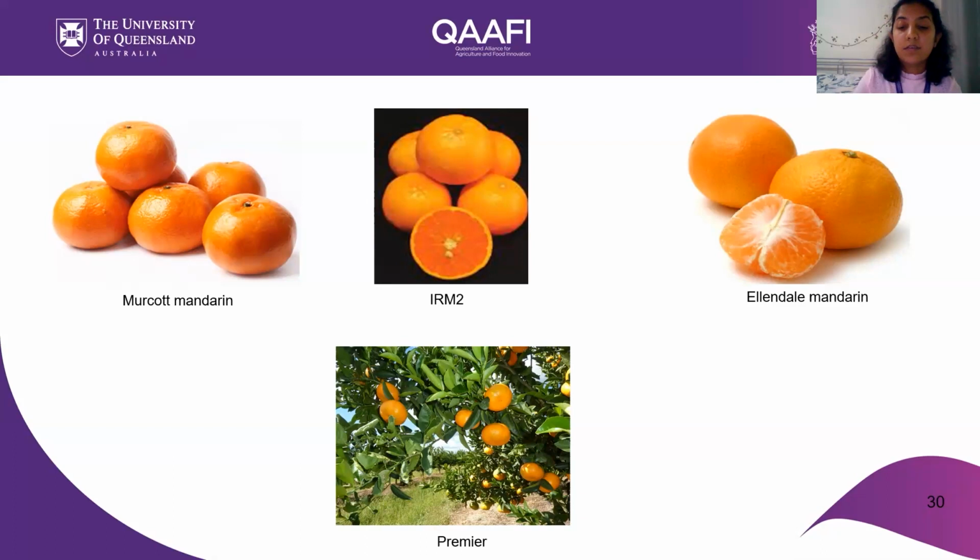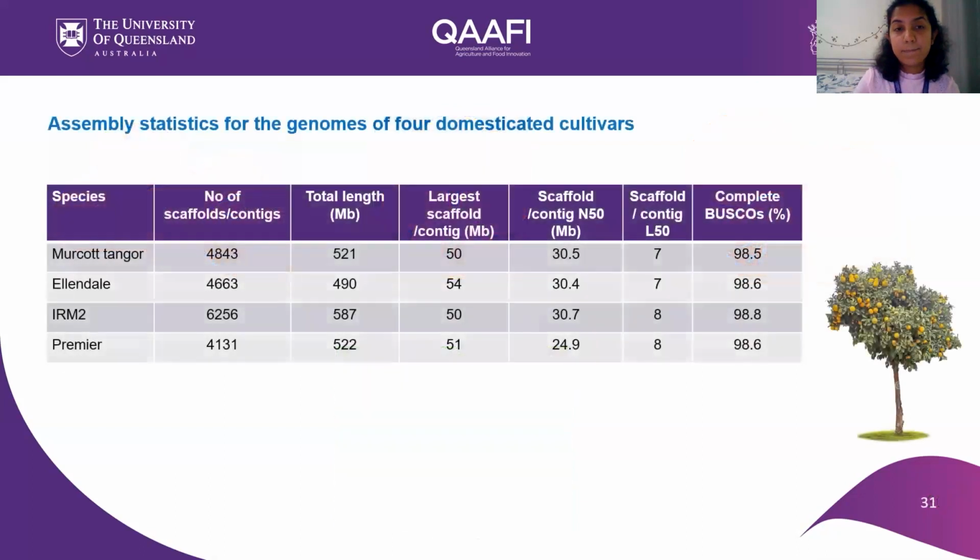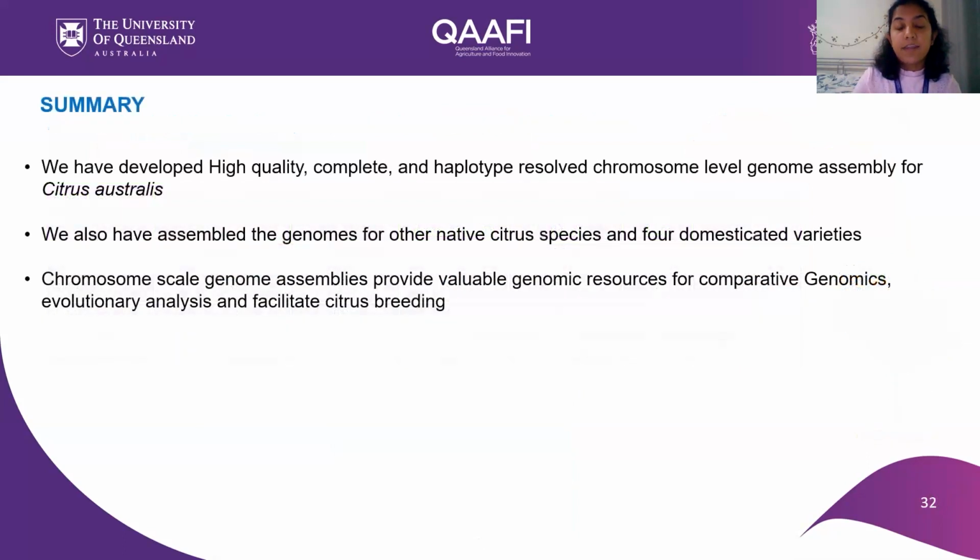Premier is a newly released mandarin from the Bundaberg breeding program, and it is a result of sexual hybridization between Murcott and Allendale, followed by mutation breeding to reduce the number of seeds. So we have assembled the genomes of 4 of these domesticated cultivars to scaffold level. Yeah, with that, I would like to conclude my presentation.